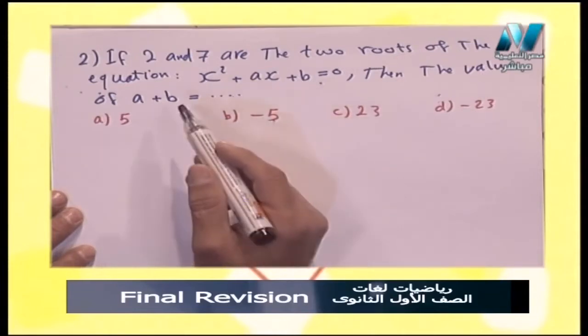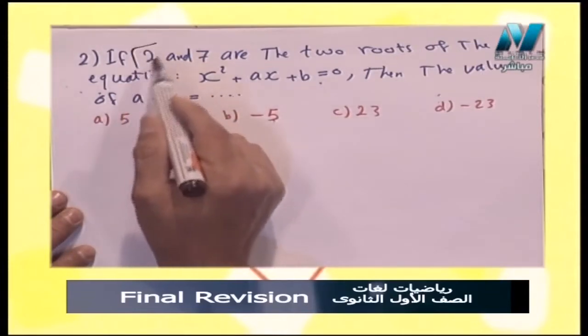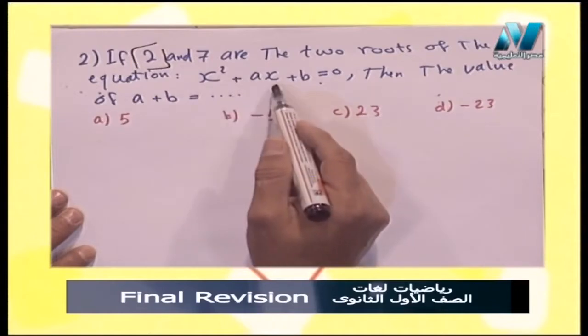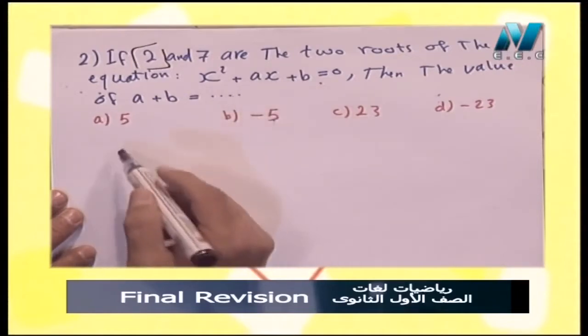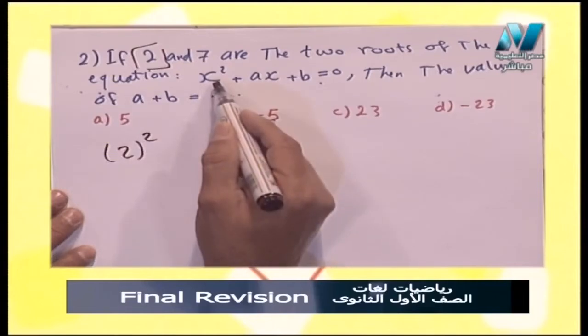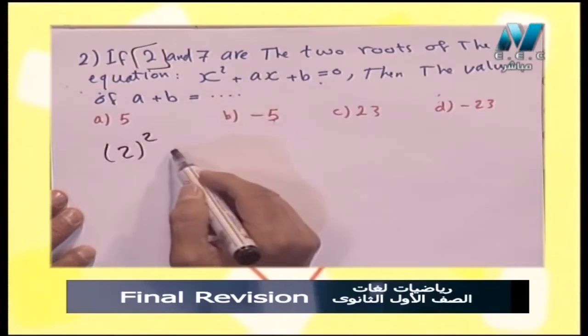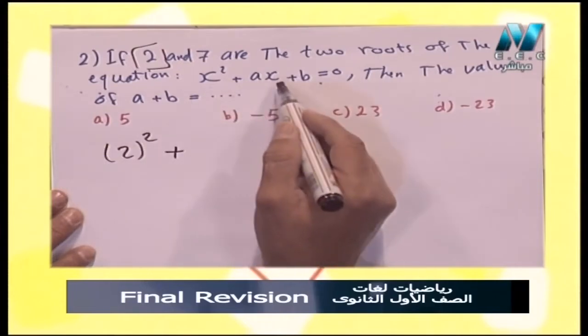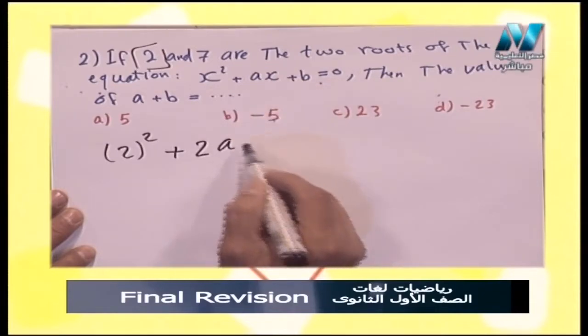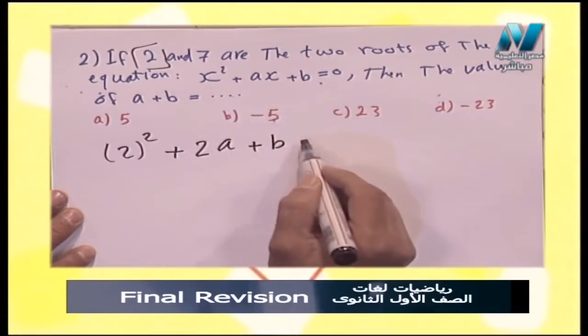We have to substitute first by 2. Put each x here as 2. So 2 power 2, instead of x we put 2, plus a times x means a times 2. We write it as 2a plus b equals 0.